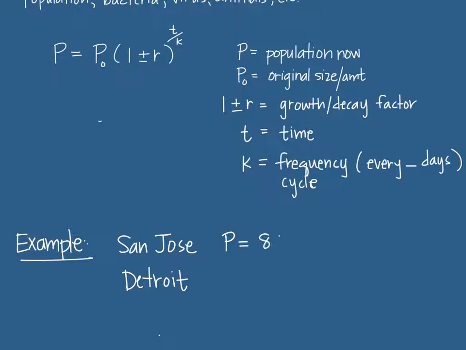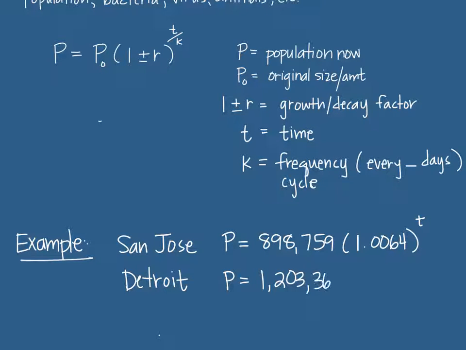San Jose: P equals 898,759 times (1.0064) to the T. And then Detroit: 1,03368 times (0.9858) to the T.